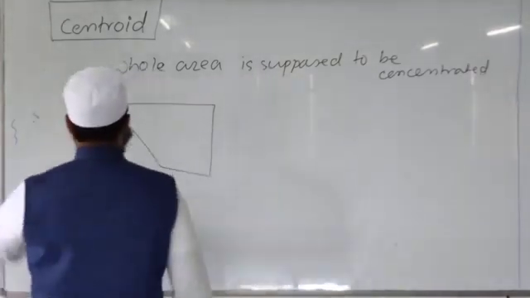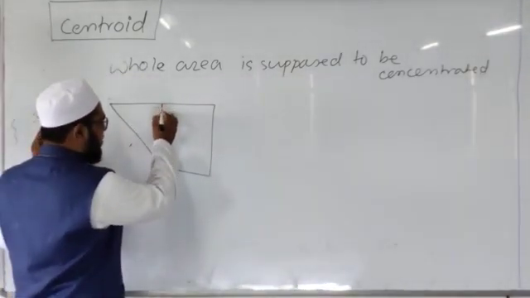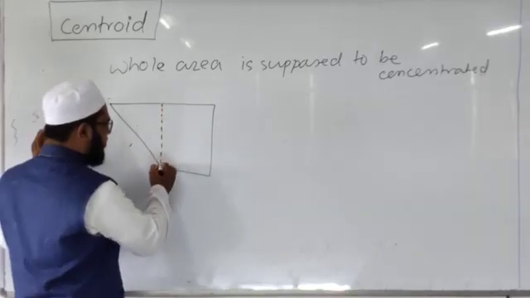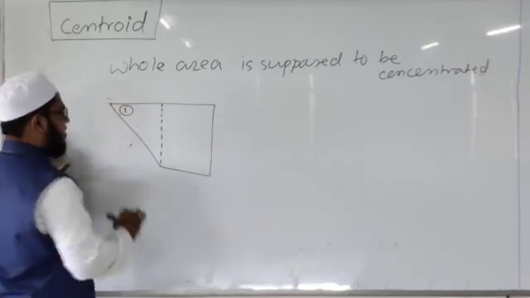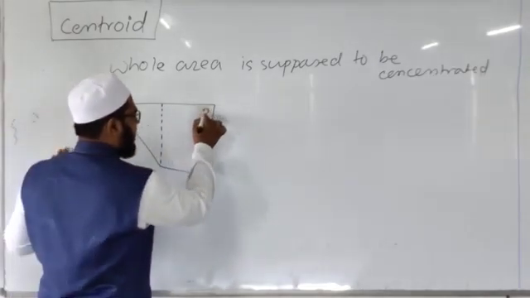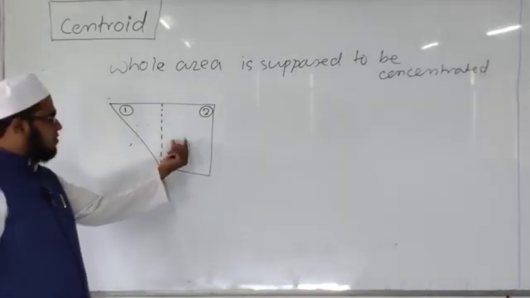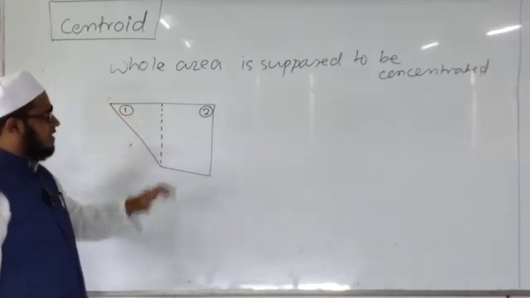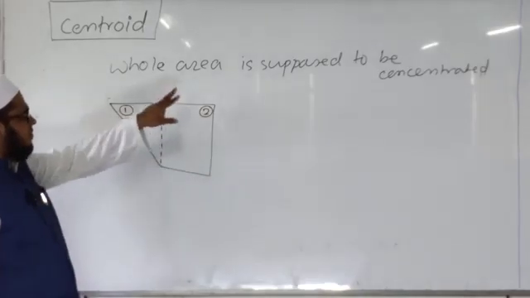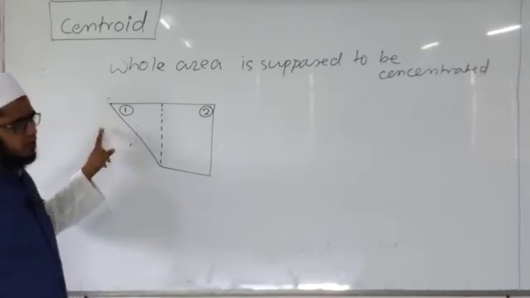So for determination of the centroid of an irregular shape, I will divide this given figure into standard figures. The first standard figure is a triangle and the second is a rectangle. I will use the values of the centroids of this triangle and rectangle to determine the centroid of this irregular figure combined.